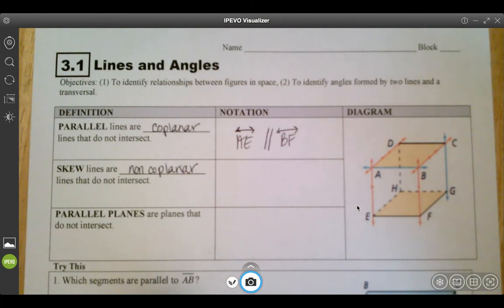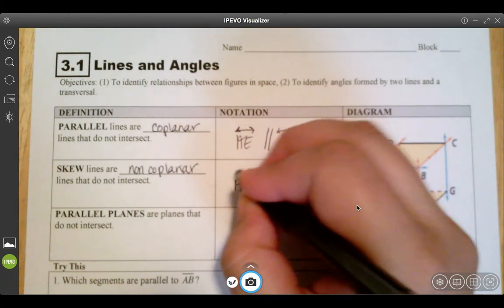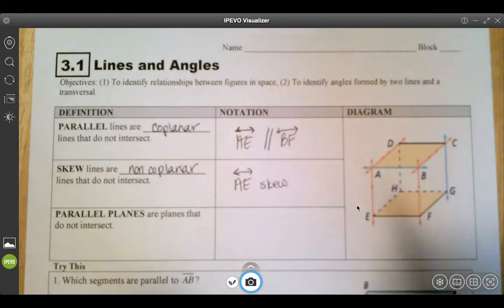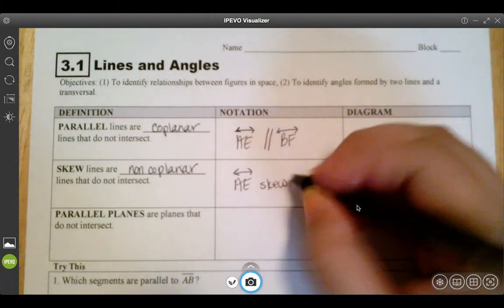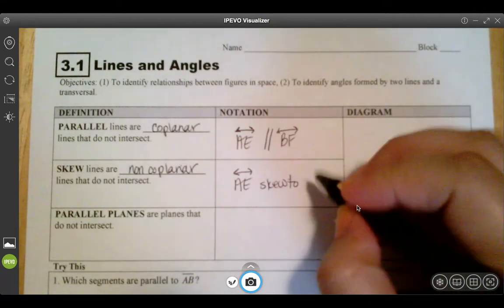And that's what skew means. They're not going the same direction, but they still never touch. So AE, which is a line, is skew to line BC.